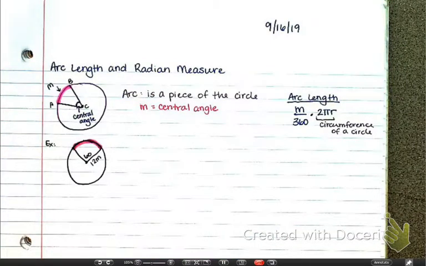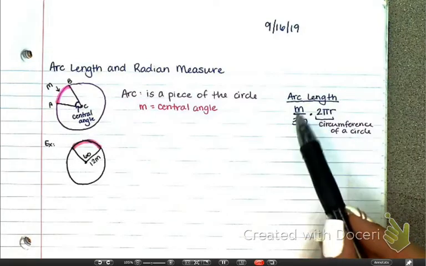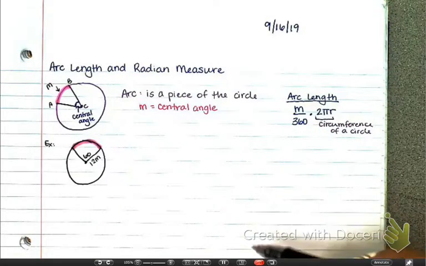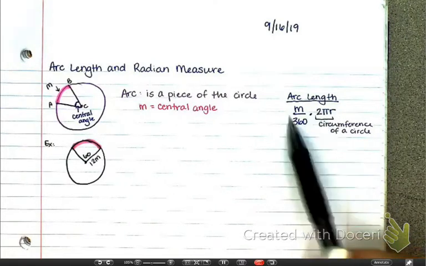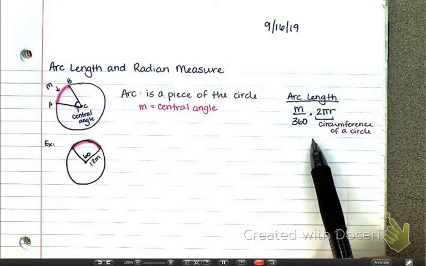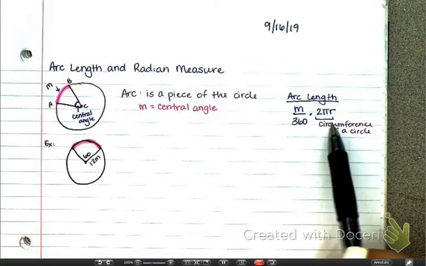So I want to find the measure of the arc that I have highlighted there. Now, if I look at my formula, there's two pieces of information I need to be able to plug in. What are those two pieces of information? What needs a value?